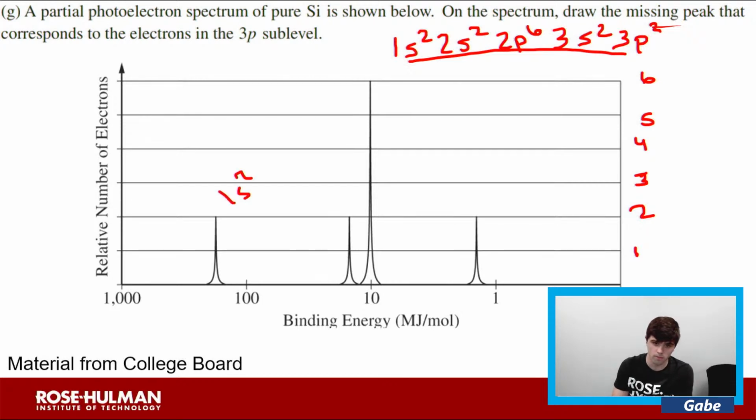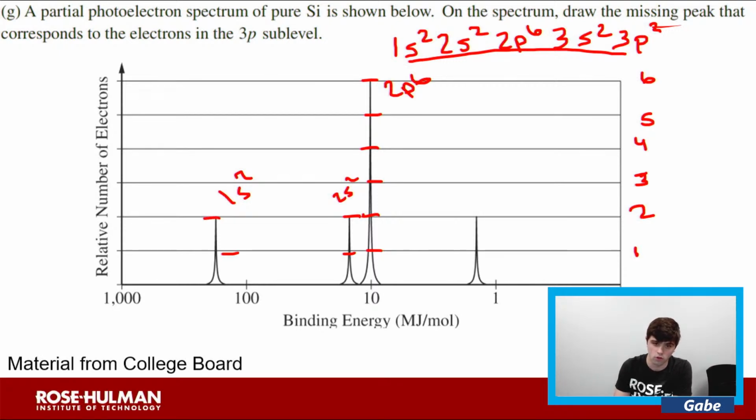We move on. We have our 2s squared. Then we move on. We have our 2p6 because we have 1, 2, 3, 4, 5, 6 electrons, and then 2 here, and then 2 here. That's where we're getting our squared values and 6 value from.